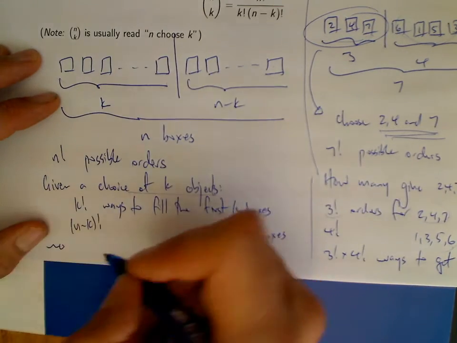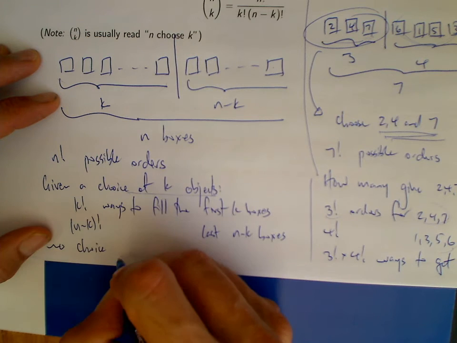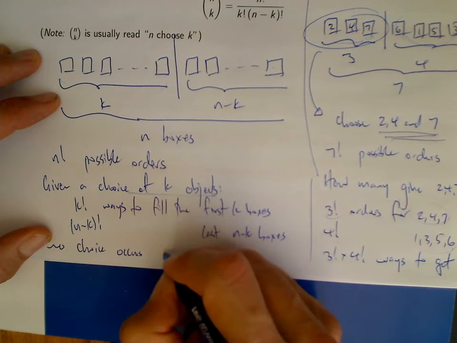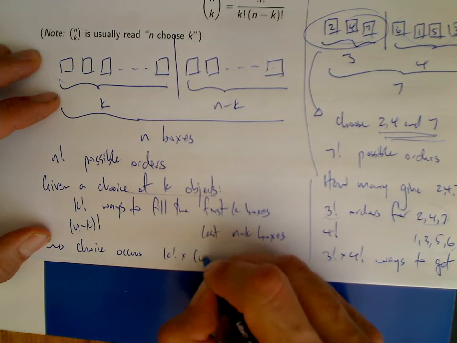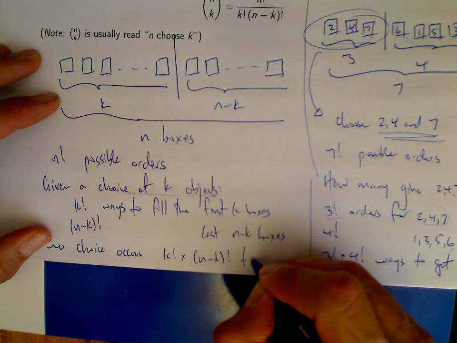So the choice occurs k factorial times n minus k factorial times.